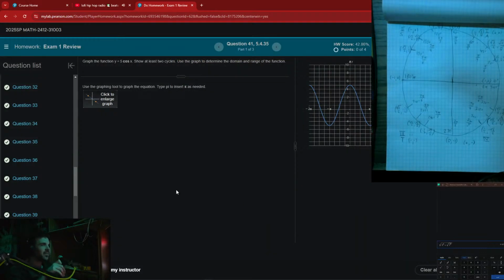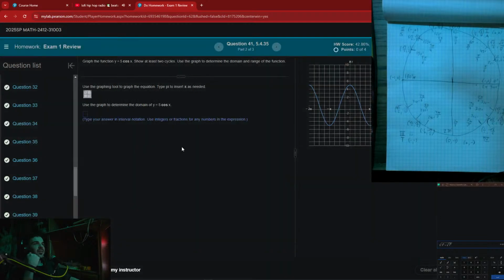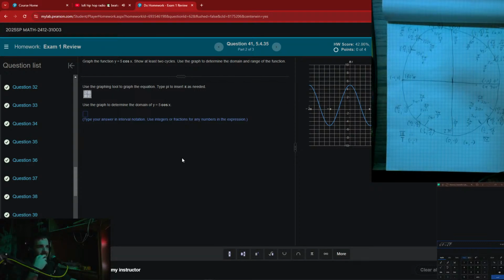Looks good to me. Cool. Use the graph to determine the domain. Domain is all real numbers, right? I don't know how to type that. Oh, I do.